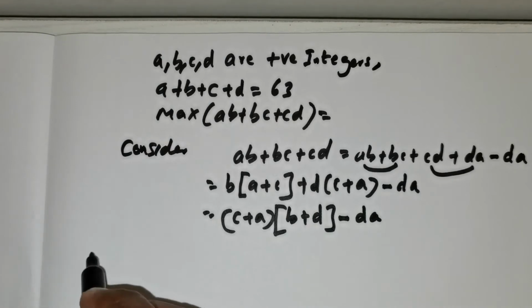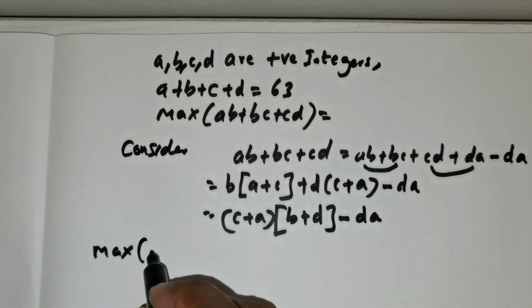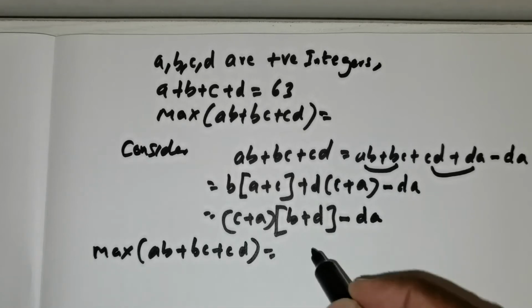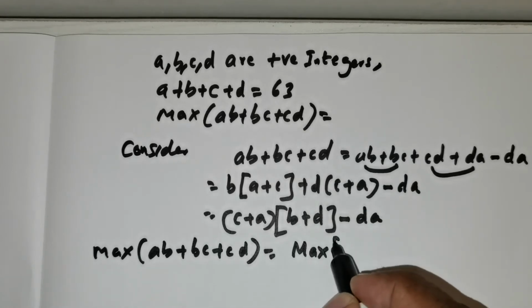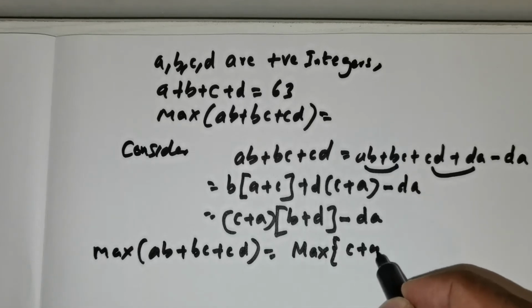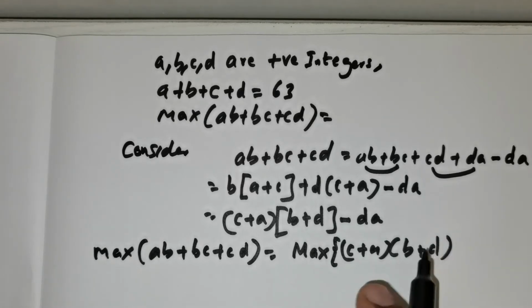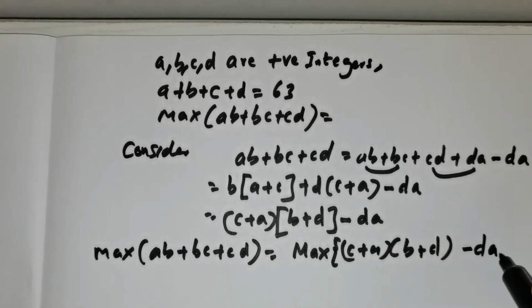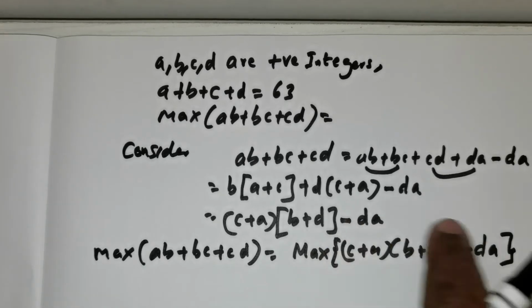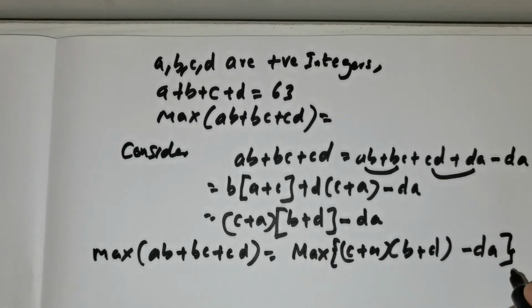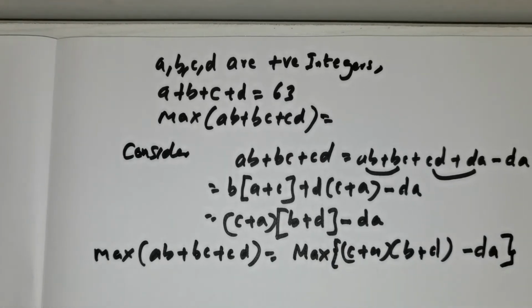Now, the question wants us to find the maximum of AB + BC + CD, which means they are asking us to find the maximum of (C + A) times (B + D) along with negative DA. Now, the only way we can achieve the maximum here is if D and A are small quantities, small integers.